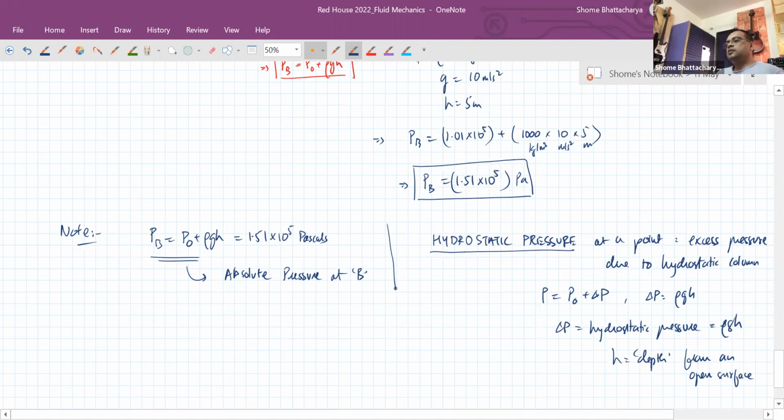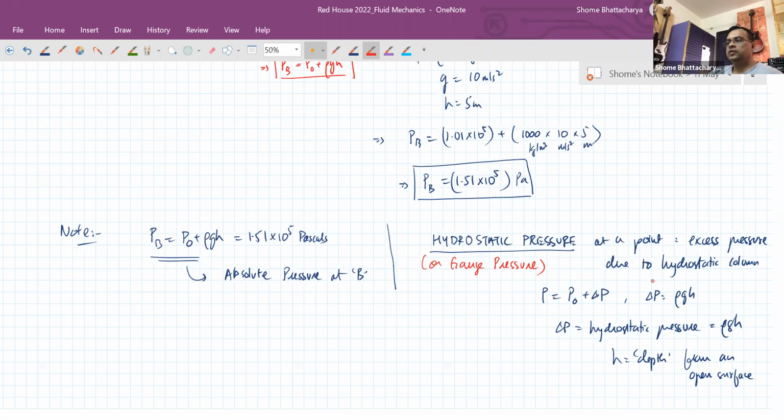So that hydrostatic pressure is also sometimes called the gauge pressure. Because when we use a pressure gauge, typically a standard pressure gauge is calibrated in such a way that it measures 0 for atmospheric pressure. It only measures the value of pressure which is above and beyond the atmospheric pressure. So that is the difference between gauge pressure or hydrostatic pressure and the absolute pressure.